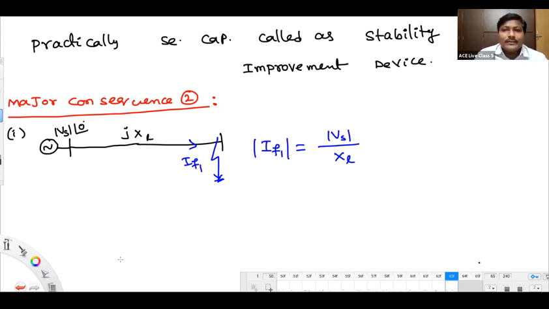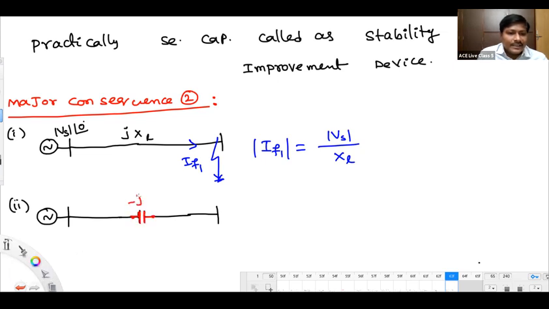Second case, I think most of you might be getting this one. Voltage source, we have a line, and a series capacitor is added to this. The series capacitor impedance is minus JXC, line impedance we are calling JXL, and this is the fault location.